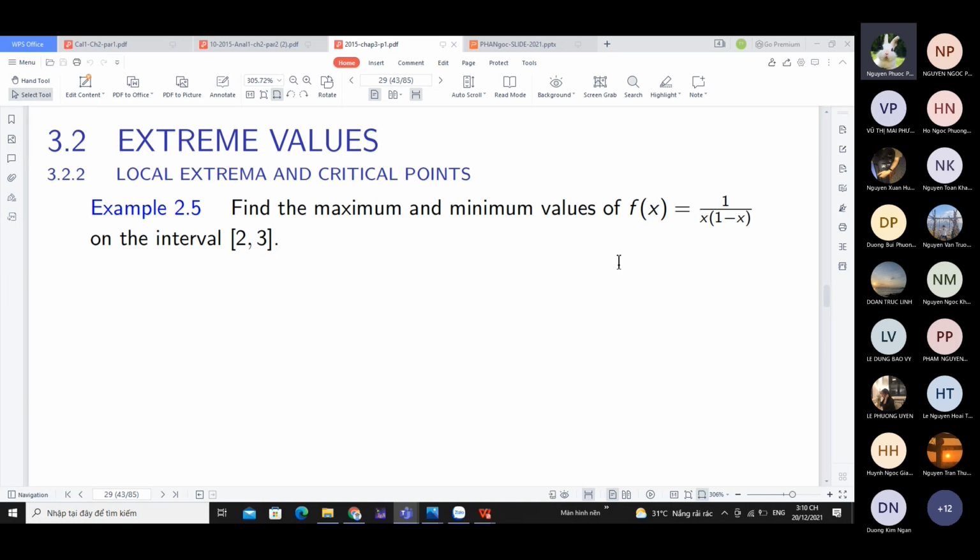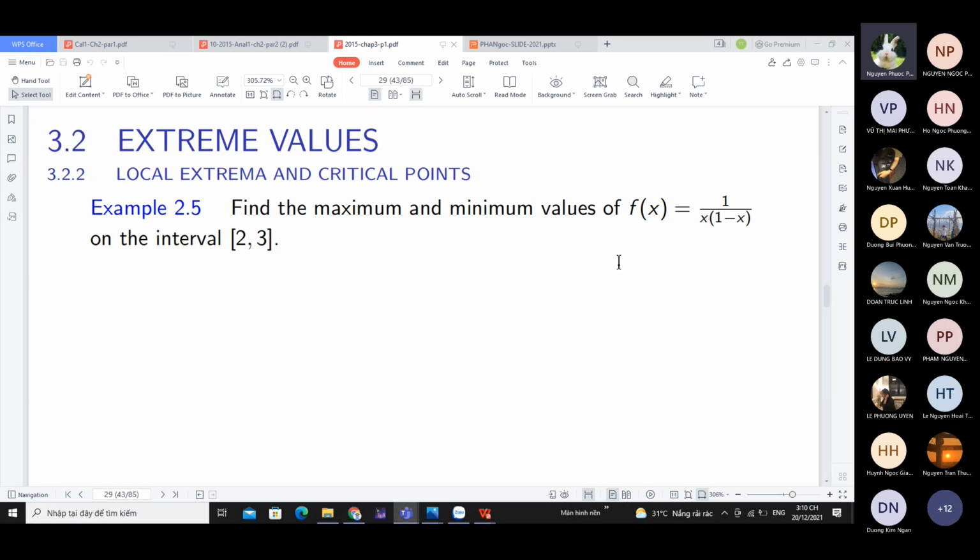So first of all, we saw that the function f had a maximum value and a minimum value on the interval [2, 3]. Why? Because the function f is continuous on the closed interval [2, 3]. Why is the function f continuous on the closed interval [2, 3]?